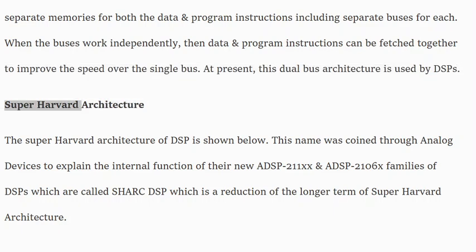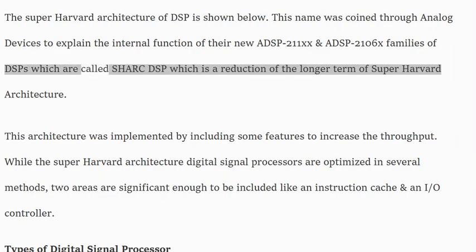Super Harvard architecture. The Super Harvard architecture of DSP is shown below. This name was coined by Analog Devices to explain the internal function of their new ADSP 211XX and ADSP 2106X families of DSPs, which are called SHARC DSPs, a contraction of the longer term Super Harvard architecture.